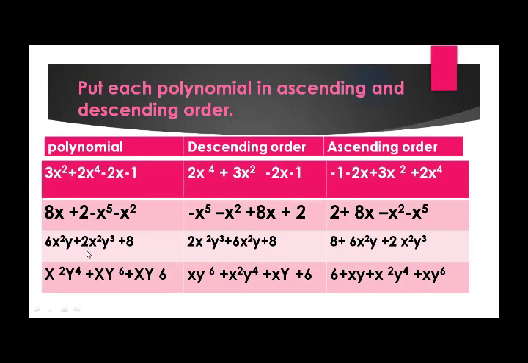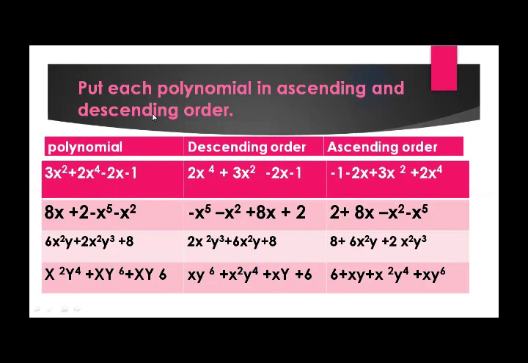Sometimes we have a particular instruction for arranging the polynomial when we have two variables. If instruction is to arrange the given polynomial with respect to x, we will see what exponents of x are given and follow that. And if instruction is to arrange the polynomial with respect to y, we are bound to arrange our polynomial with respect to y.